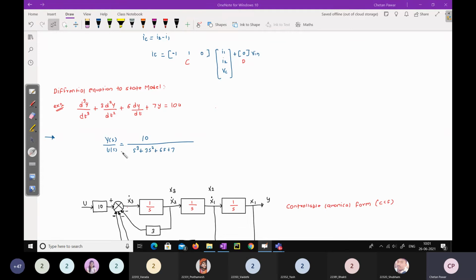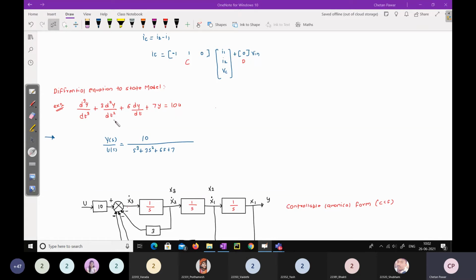Sometimes they may ask you to find the state space model from a block diagram, from an SFG, or from a differential equation.